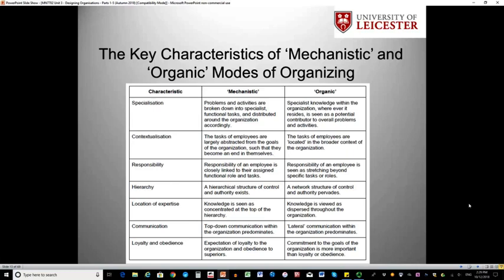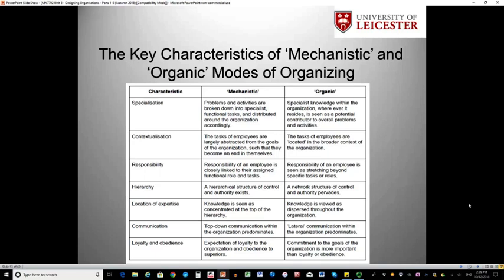These tasks were then given to individuals who focus on those tasks irrespective of the broader goals of the organisation, and those individuals felt little responsibility for the task beyond their own tasks. They didn't feel any responsibility for whether their task fitted into the tasks that other people were doing.